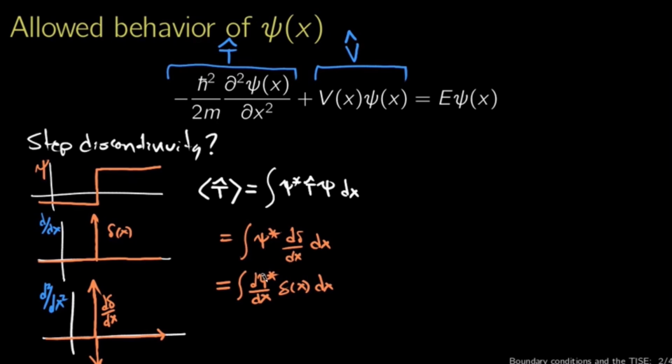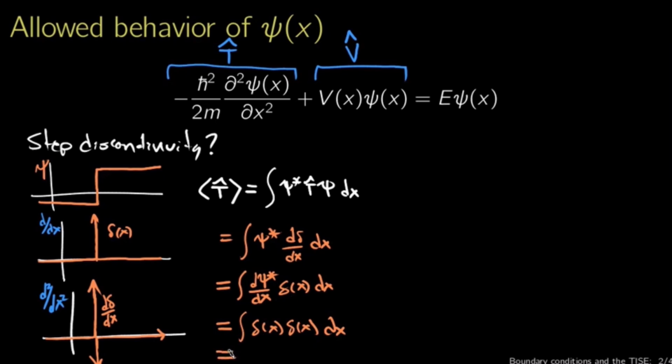But what's the derivative of psi star? Well, the derivative of psi acted like a delta function. So essentially we're going to have delta of x times delta of x, integral dx. And this is a problem. You can think about integrating this first delta function multiplied by some arbitrary function as pulling out the value of the arbitrary function at the location selected by the first delta function.